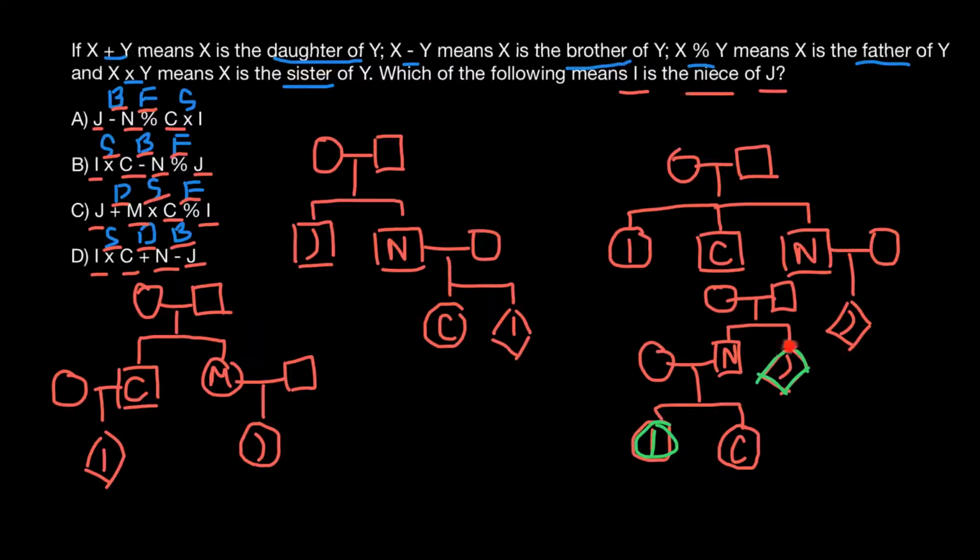J can be female or can be male, but still I would be a niece of J, regardless of the sex. We cannot say whether J is an uncle or aunt, but we can say for sure that I is a niece of J, and this is exactly what we are asked. So the correct answer is going to be answer D.